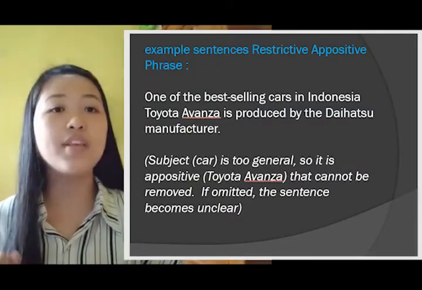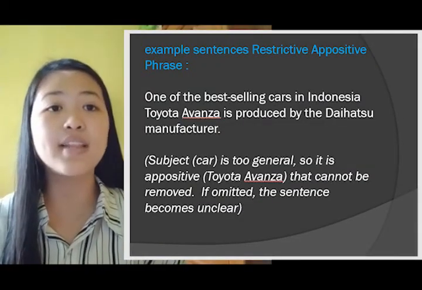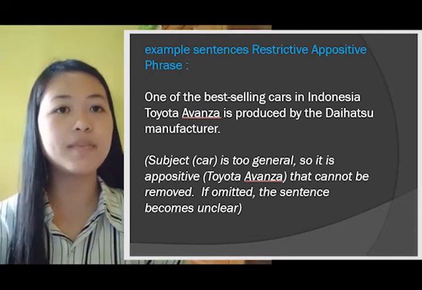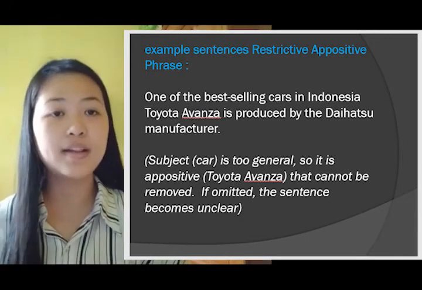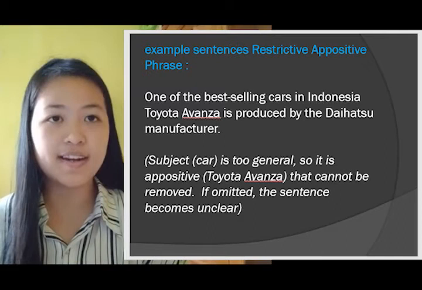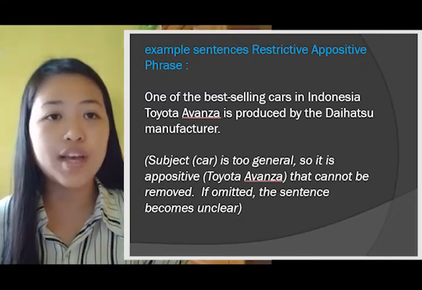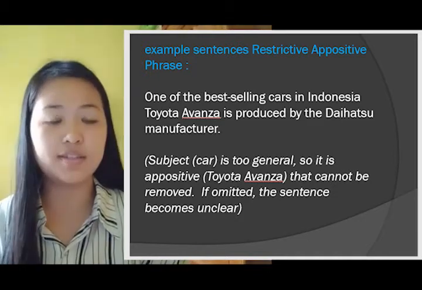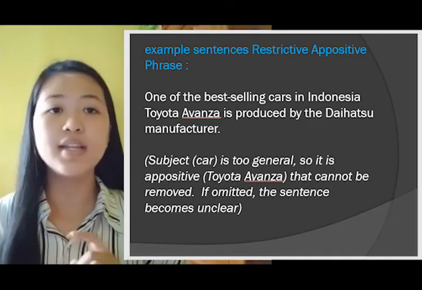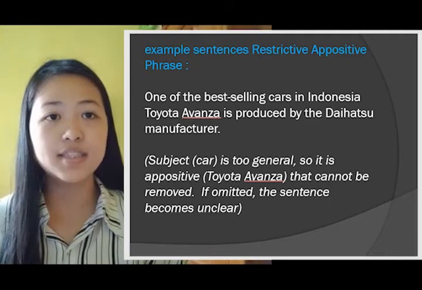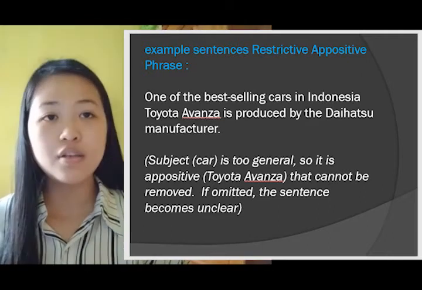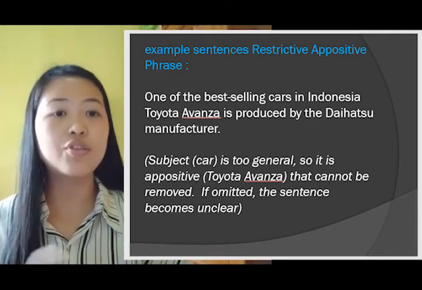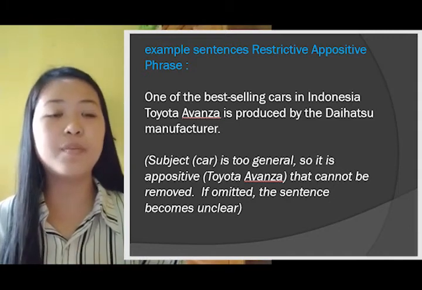Now, I will give you examples of restrictive appositive phrases. First example, one of the best-selling cars in Indonesia, Toyota Avanza, is produced by the Daihatsu manufacturer. In the sentence, the subject, cars, is too general, so the appositive, Toyota Avanza, cannot be removed.